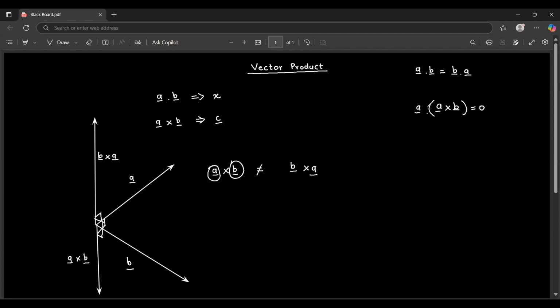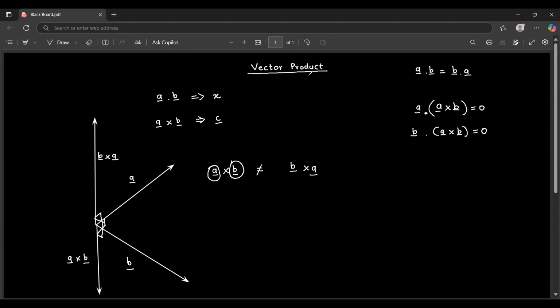Why? A is perpendicular to A cross B, so according to the scalar product it will be equal to 0. Similarly, B dot A cross B will be equal to 0.